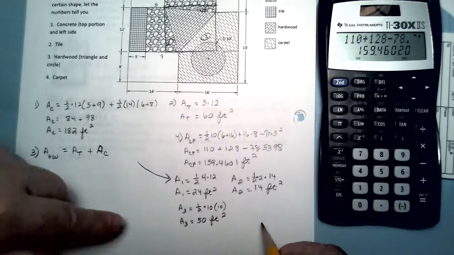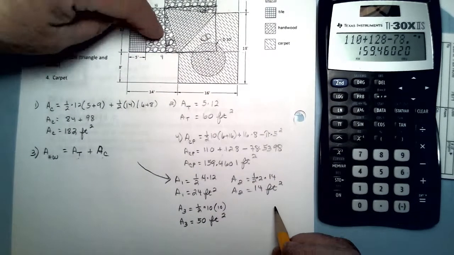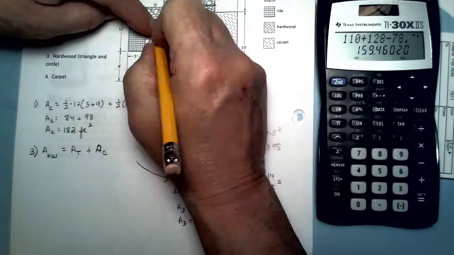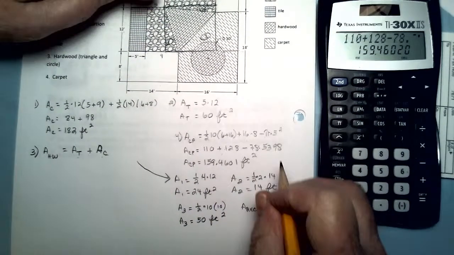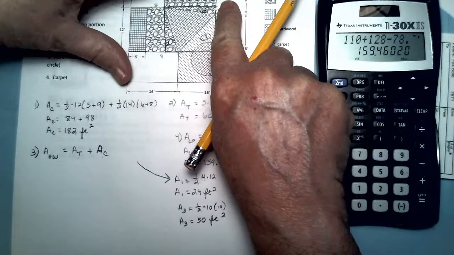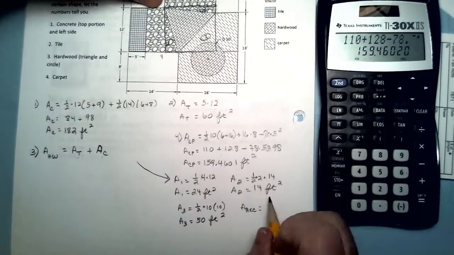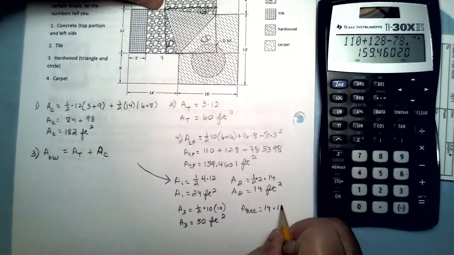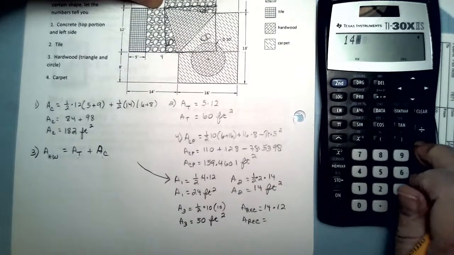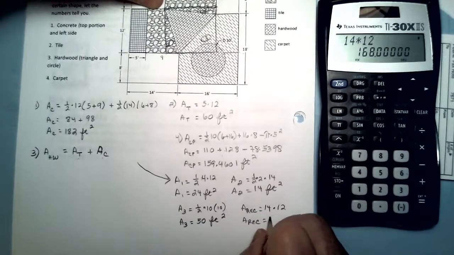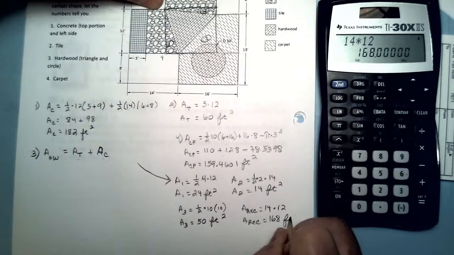Okay, so I have all three of those, and now I'm going to have to find the area of this rectangle part. The width of the rectangle is 14, and the height is 12, so it's 14 times 12, so I get 168 square feet.